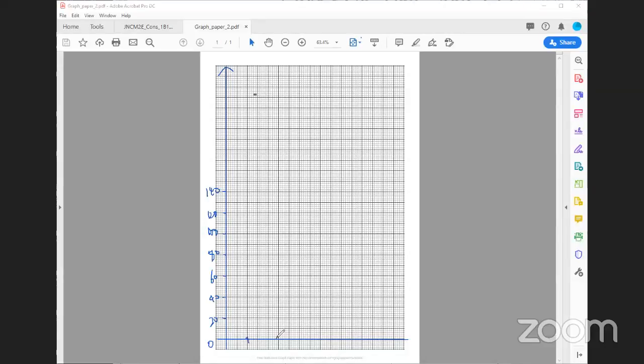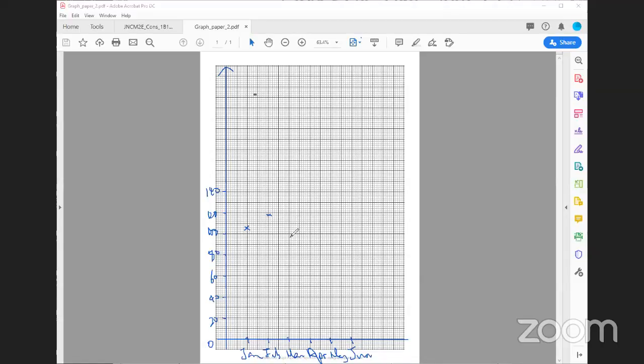January, 1, 2, 3, 4, 5, 6. Of course, we need to write clearly, but I just want to show you quickly. First data 105, should be somewhere here. And then 117, like that.